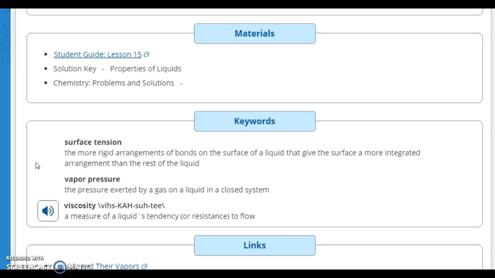You do not want to belly flop because what happens when you belly flop? It hurts. Why? Because there's surface tension. So the bonds at the surface of the lake are stuck together more and they make that harder surface where you can actually slap the water, right? And that is different than once you break that surface tension, then you can swim pretty easily through the rest of the water and it doesn't hurt.